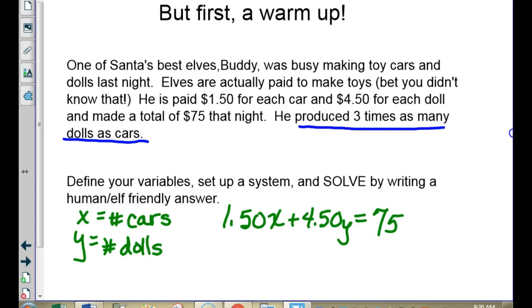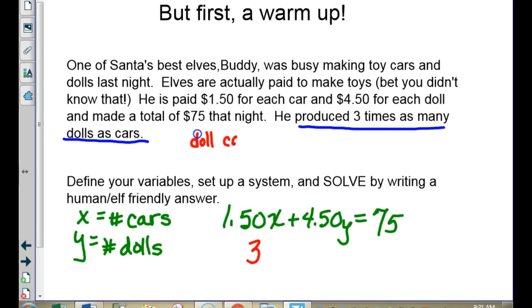All right. The other equation is the one that messes everybody up so bad. He made 3 times as many dolls as cars. That's the question. Is it 3x or 3y? Okay, wait a minute. Give me some numbers that would work.